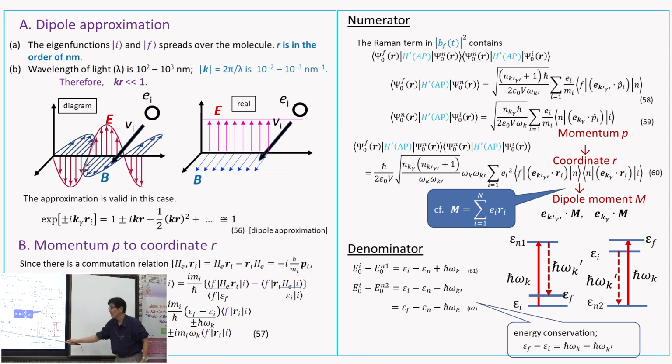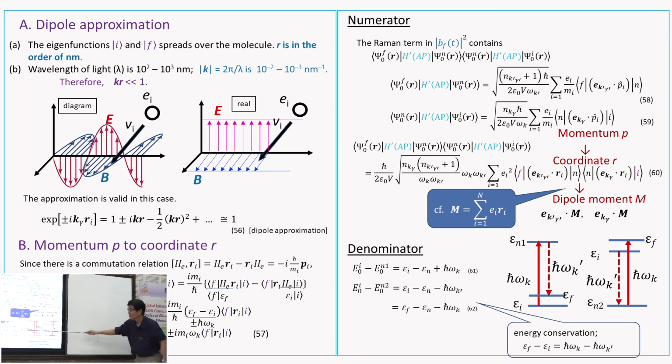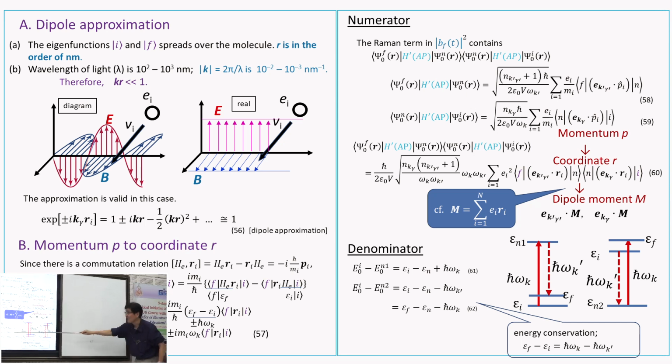On the other hand, Ei minus En2 corresponds to small ei minus small en2 minus h bar omega k. And considering the energy conservation, the energy difference between final and initial state is the energy difference between incident beam and scattered beam. So by considering this relationship, we can rewrite this term like this.